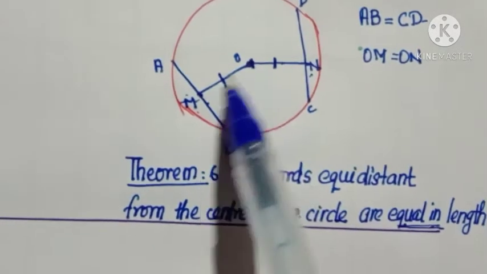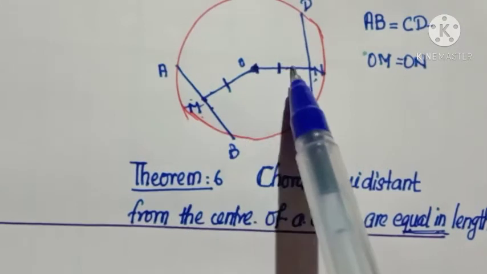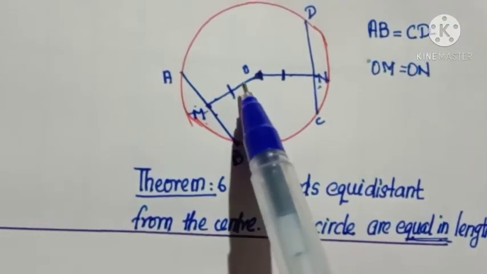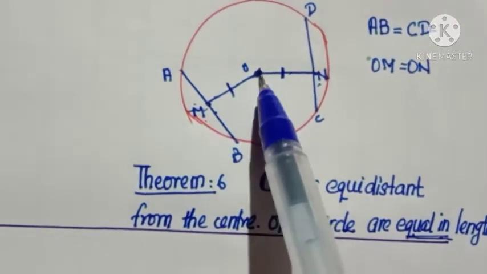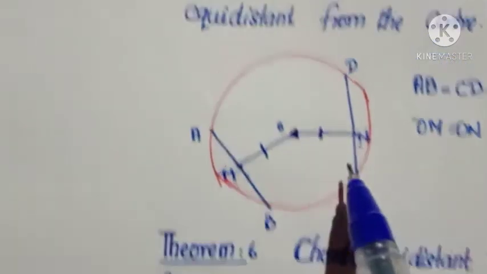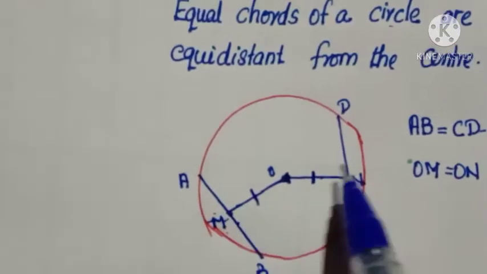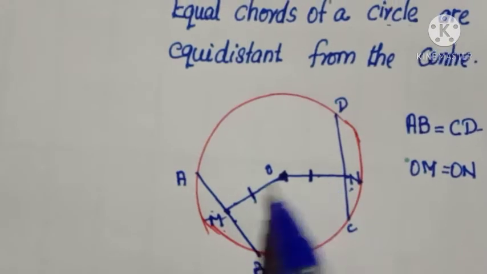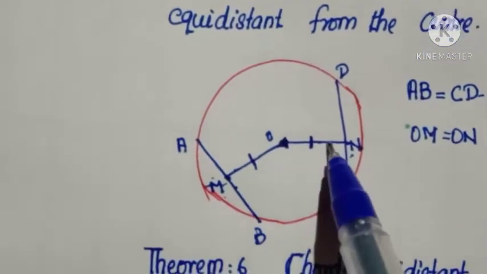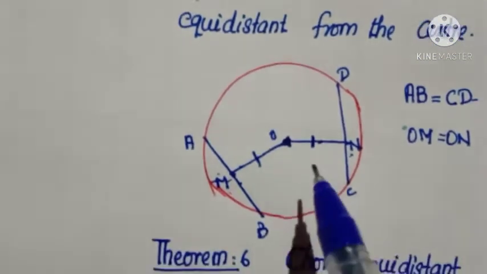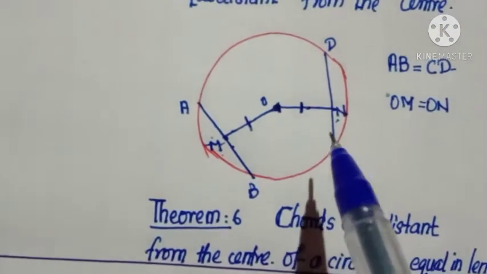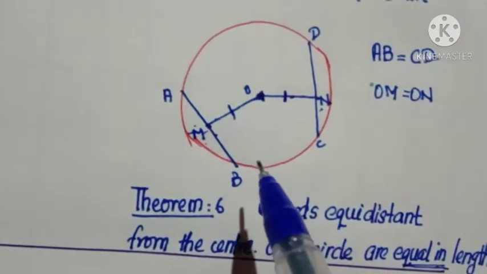So if chords are equal, then these two distances are equal. If these two distances are equal, then chords are equal. So that is theorem number 5 and theorem number 6.